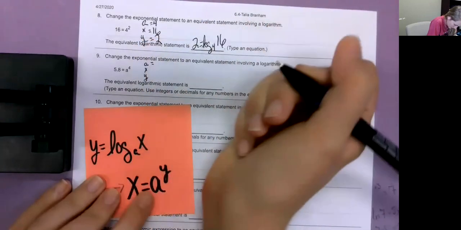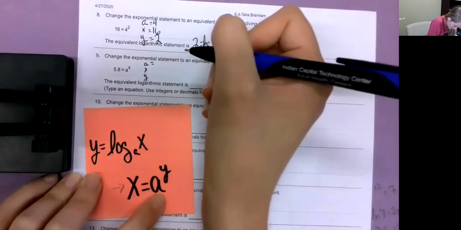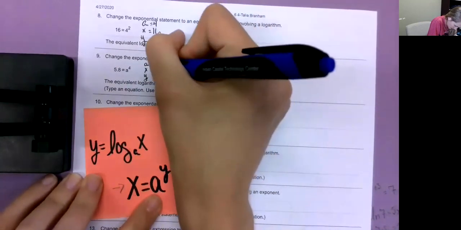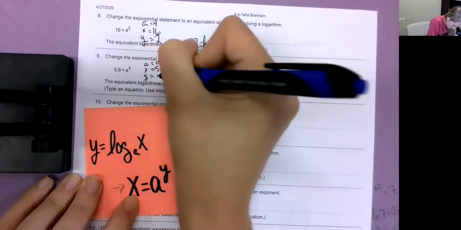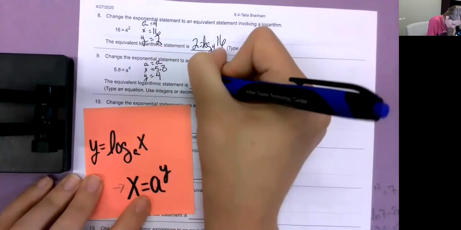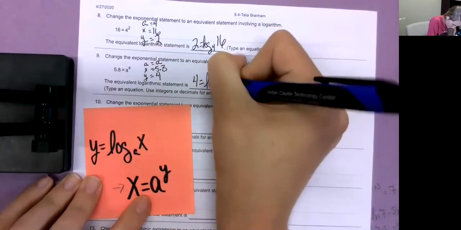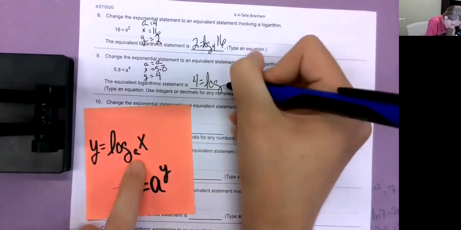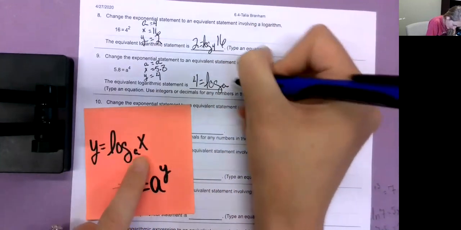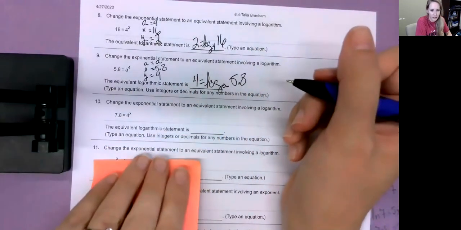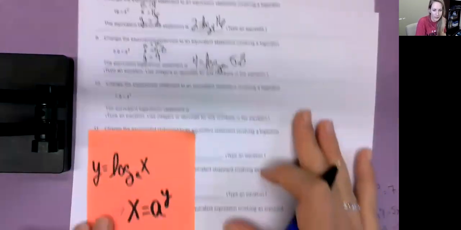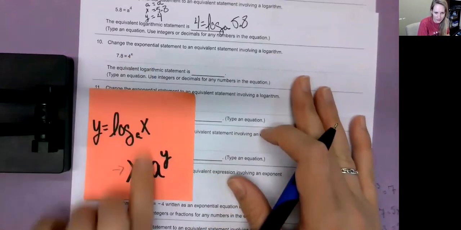a, x, y. a is a, x is 5.8, and y is 4. So 4 equals log of a, which is the base, and x is 5.8. They really confuse me when they have an x that is a y, and that's this one.